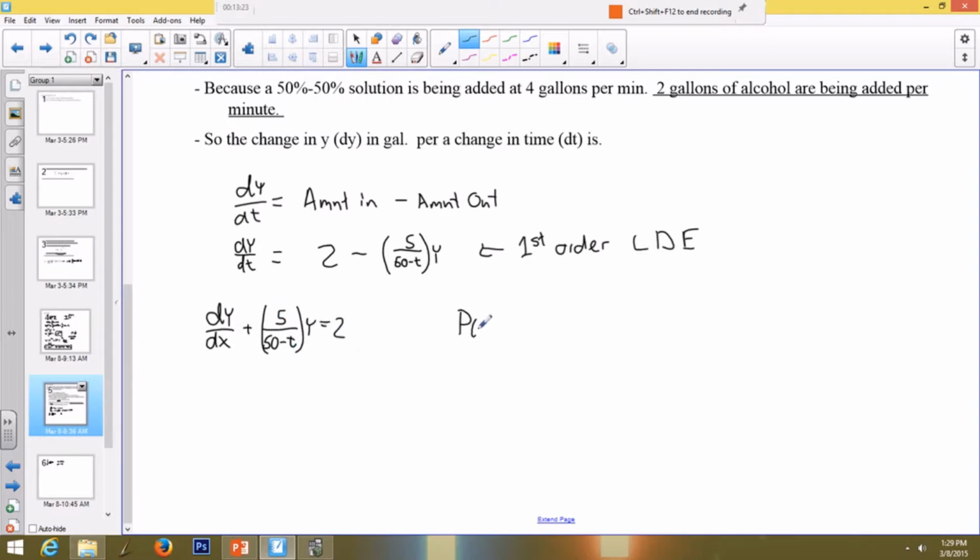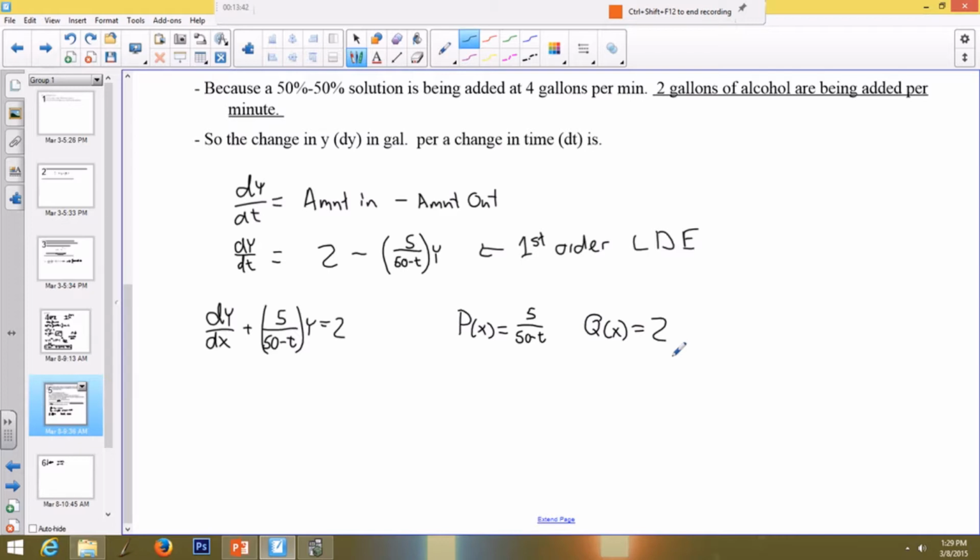So our p function is going to be this 5 over 50 minus t, and our q function is just going to be 2. Now that's good, and you'll see here, because anytime we have a constant for that value, it's going to make our life a lot easier.